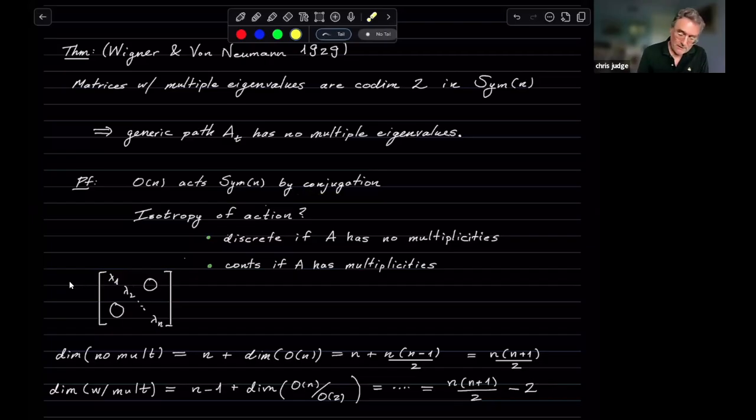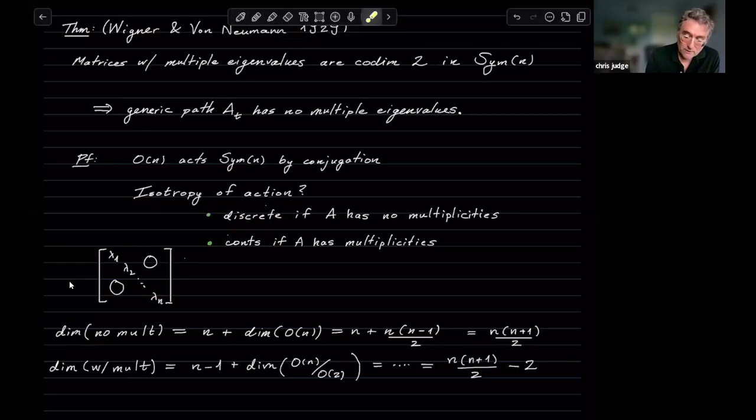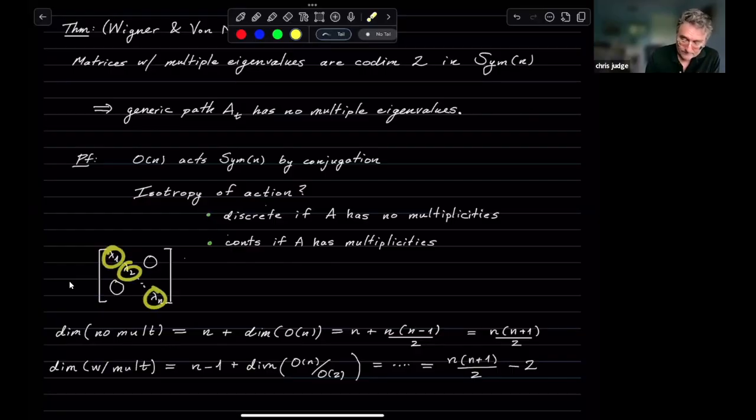But if you have multiplicities, then you will have some continuous isotropy, meaning you have an O of k, where k is the multiplicity, because in that eigenspace you have O of k acting. So for the situations where you have no multiplicity, you have to specify these n eigenvalues, and then you have to conjugate.